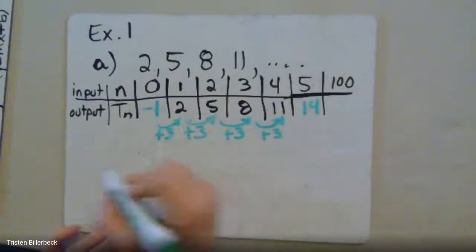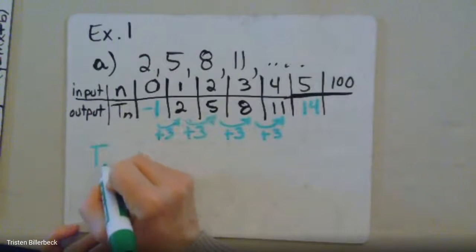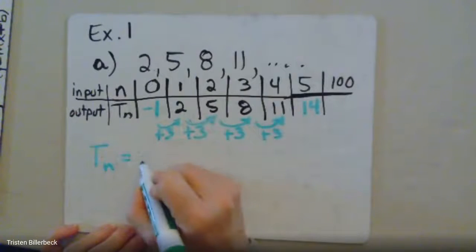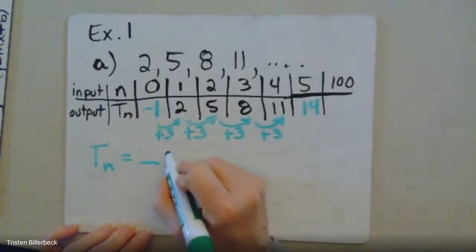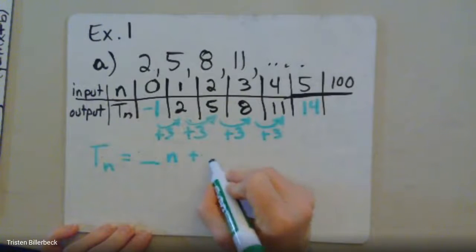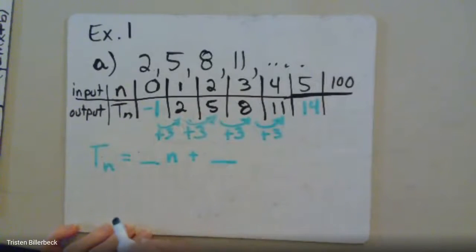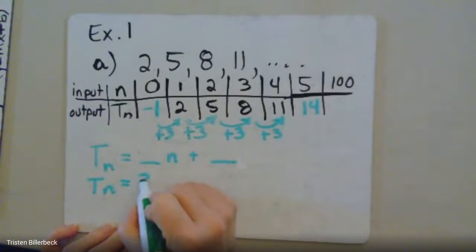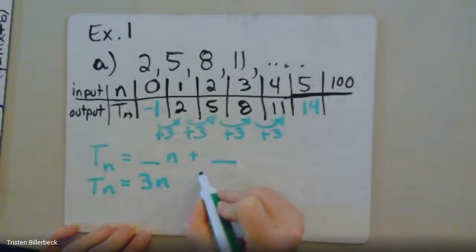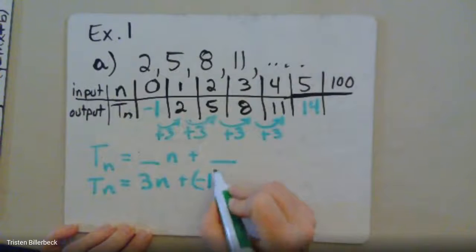So now if we used our general term, Tn, and we have how it's changing times n plus how it starts, we can fill in our equation. So Tn equals 3n, and then this is plus -1.